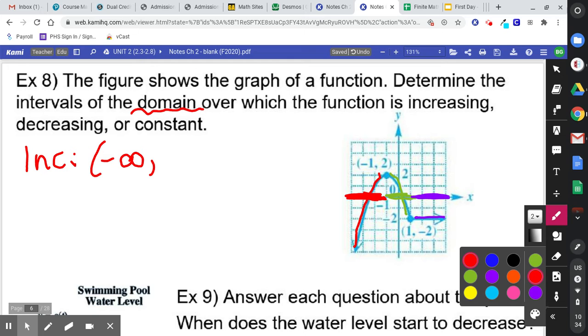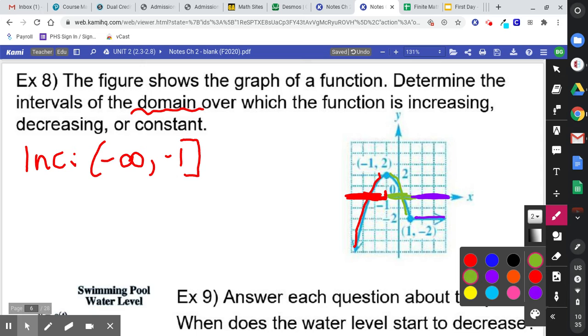What is that x number? Negative 1. Negative 1 right there. That's where it switches to green. So going to negative 1. Now, you could argue that it either equals negative 1 or doesn't equal negative 1 right there. I could see both of those arguments. I think Math Excel is going to make you put a bracket there.